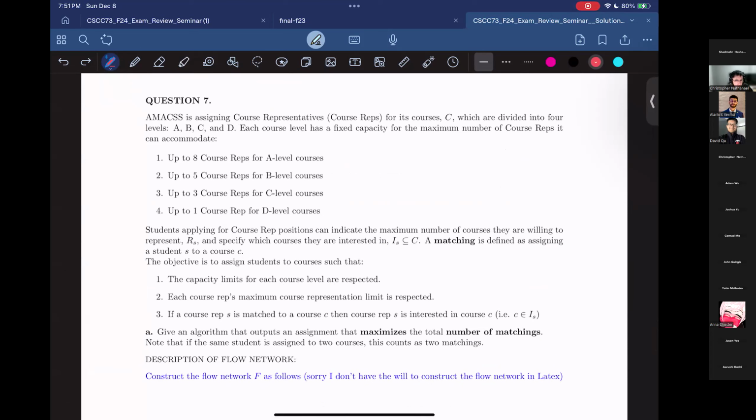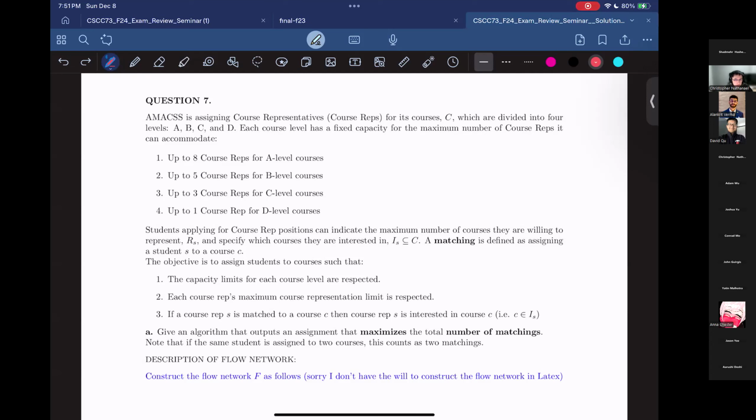Each course level has a fixed capacity for the max number of course reps it can accommodate, up to 8 for A level, up to 5 for B level, up to 3 for C level, and up to 1 for D level.